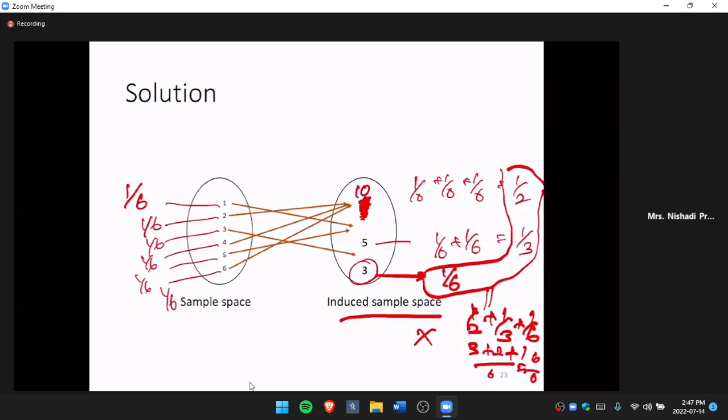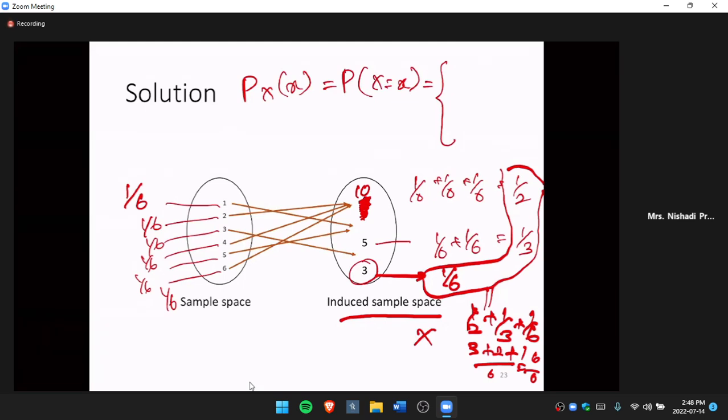Now we have to answer the question. What was the question in this problem? To find the probability mass function. Let's write the probability mass function for this experiment. P_X(x), or you can write P(X = x). How can we write it?